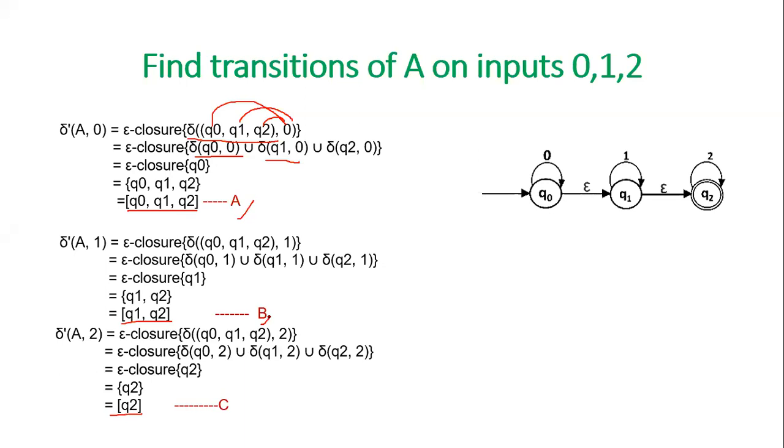B comma 0 is null. Okay. B comma 1, Q1, Q2. Q1, Q2 means B, right? Yes. B comma 2 is Q2. Okay.